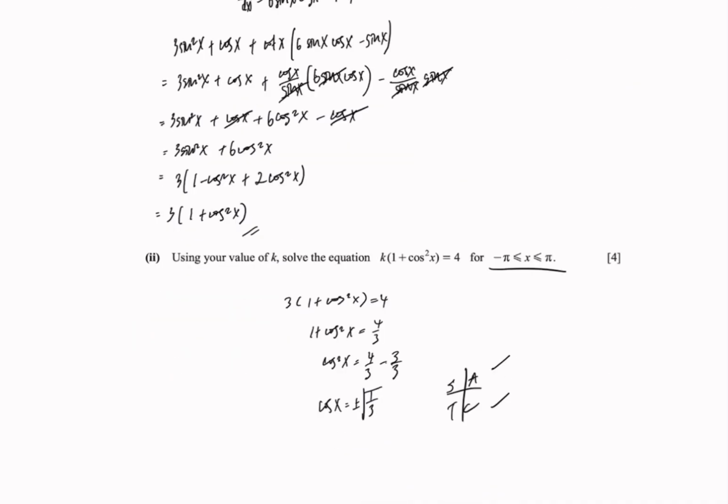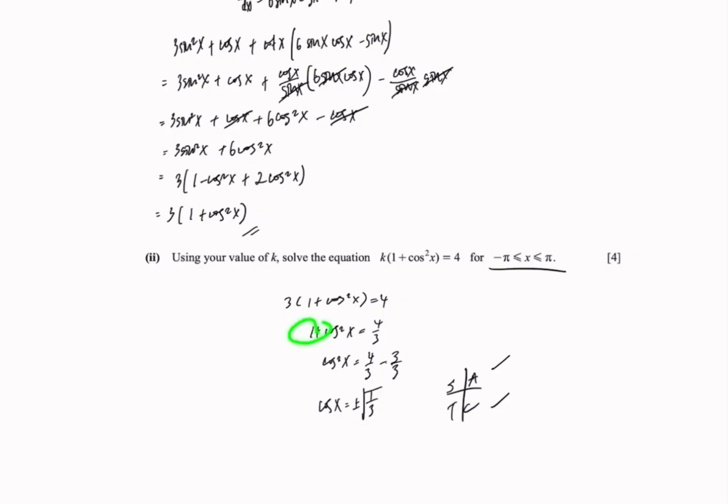And then the second part, using your value of k, which is 3, solve this equation. And it's between minus pi and pi. So what you can do is rewrite it and then bring 3 to this side to get 1 plus cos squared x equals 4 over 3. And then there's a square.